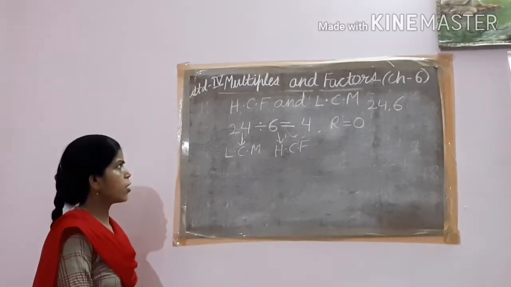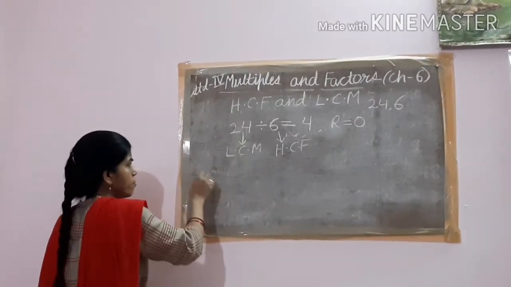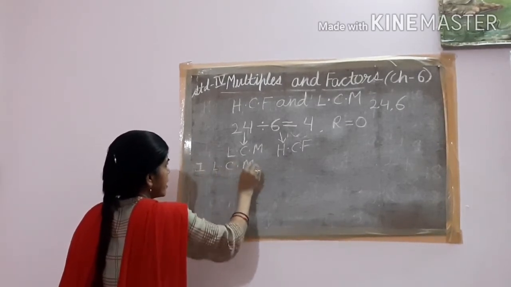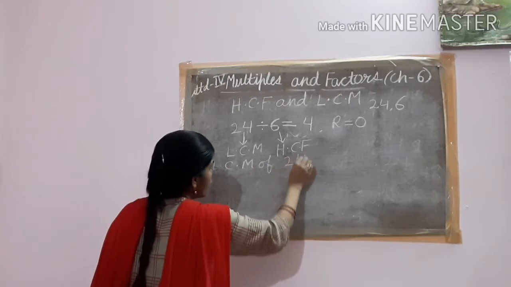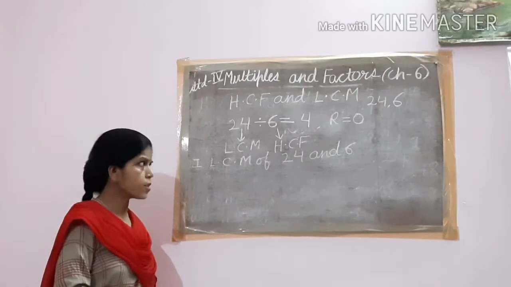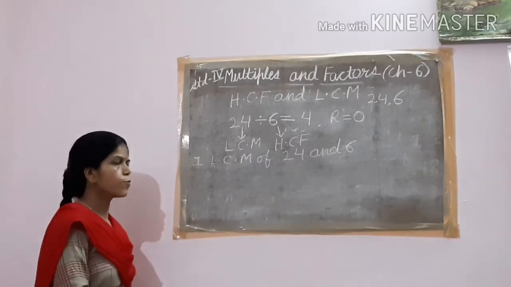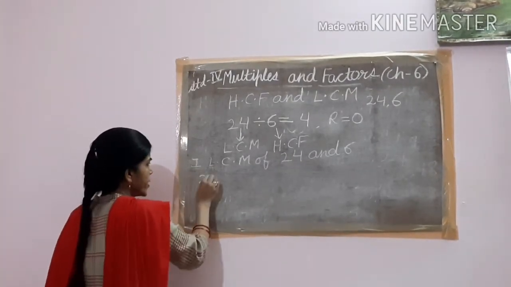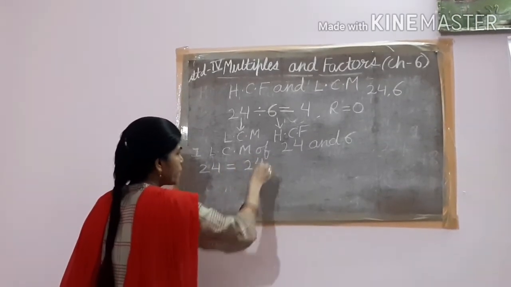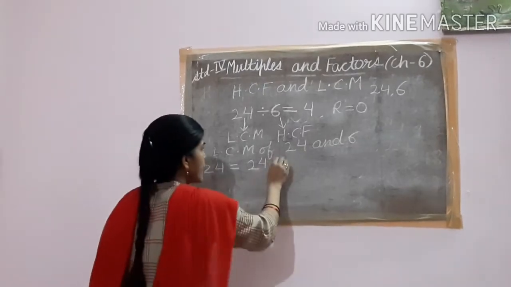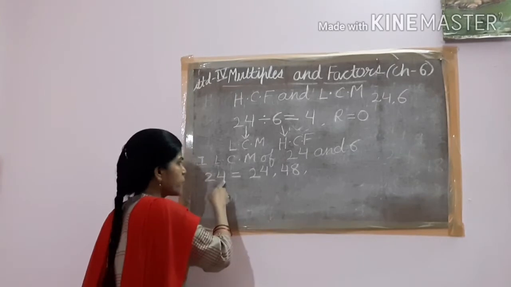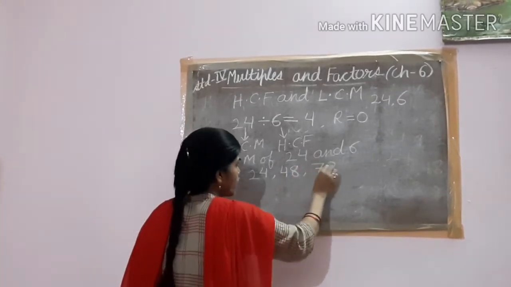So let us find the LCM of these two numbers, 24 and 6. Children, what do I have to find first? I have to find the multiples of 24 and 6. So let us write the multiples of 24 first. 24 ones are 24, 24 twos are 48, and when you multiply 24 by 3, 72 will come.